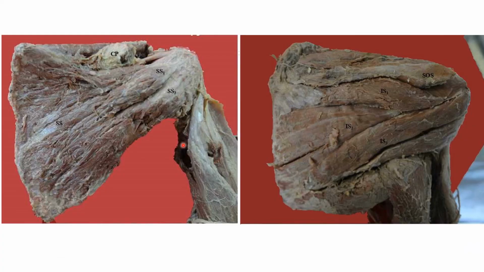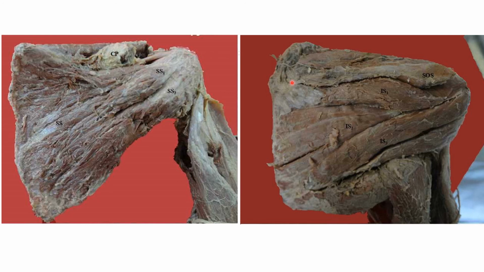These are the illustrations to show you the cadaveric view of subscapularis and supraspinatus, infraspinatus, teres minor and teres major. So this is the ventral surface of the scapula you are seeing. We know that from the medial two-third of the costal surface, the muscle which arises and inserts over the lesser tubercle present over the upper end of the humerus is subscapularis.